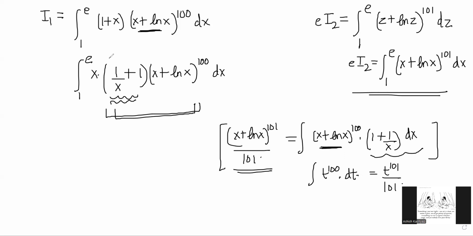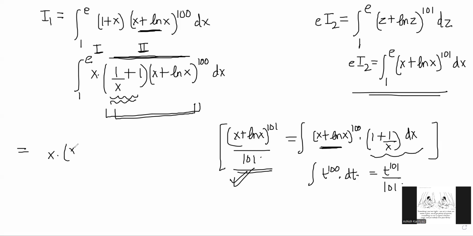So this is the answer for the integral here. One of the terms here is easy to integrate, so this becomes my second function. This becomes my first function and I will do by parts now. When you do by parts, the first function has to be kept as it is, and the integral of the second function is this.